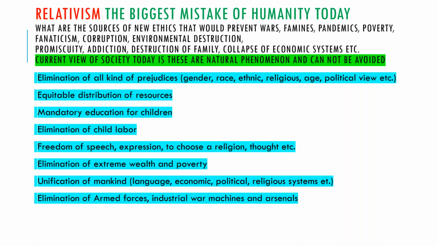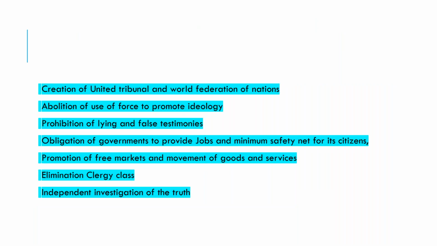Elimination of all kinds of prejudices, equitable distribution of resources, mandatory education, elimination of child labor, freedom of speech, expression, and choosing religious thoughts, elimination of extreme wealth and poverty, unification of mankind, language, and economy, elimination of armed forces, creation of a United Tribunal, abolition of the use of force to promote ideology, prohibition of lying and false testimony, obligation of governments to provide jobs, promotion of free markets and movement of goods and services, eliminating the clergy class, independent investigation of truth, and so on.